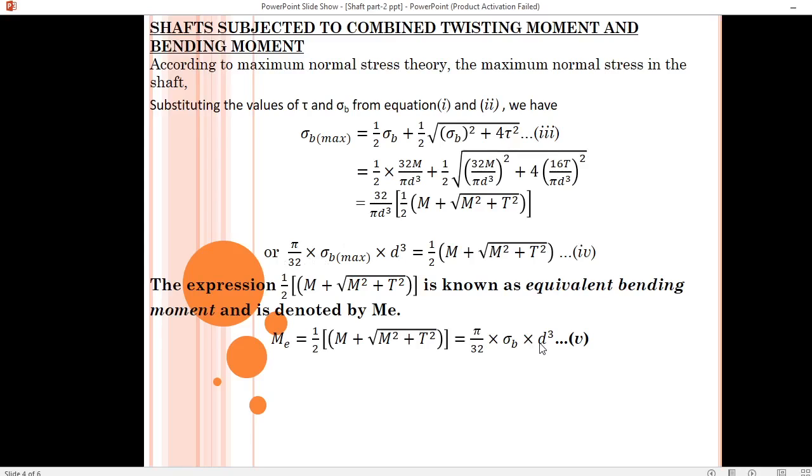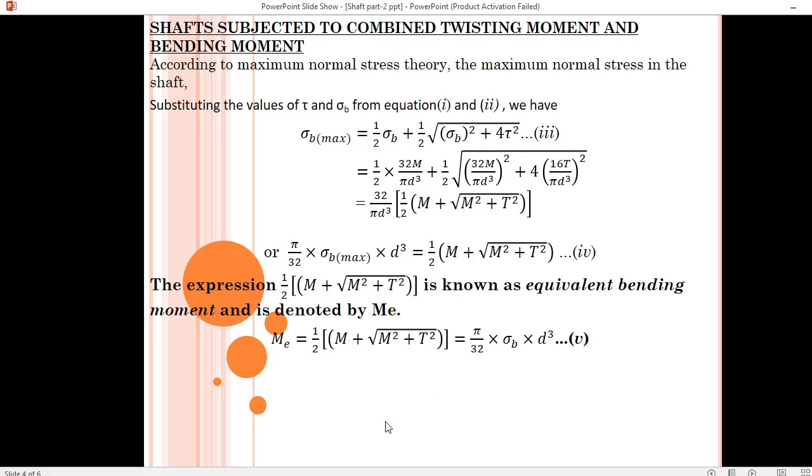So the equivalent bending moment can be defined as that moment which, acting alone, produces the same tensile or compressive stress sigma b as the actual bending moment.